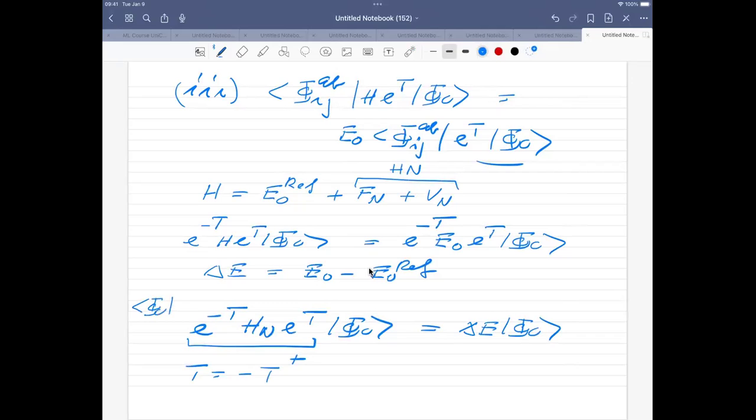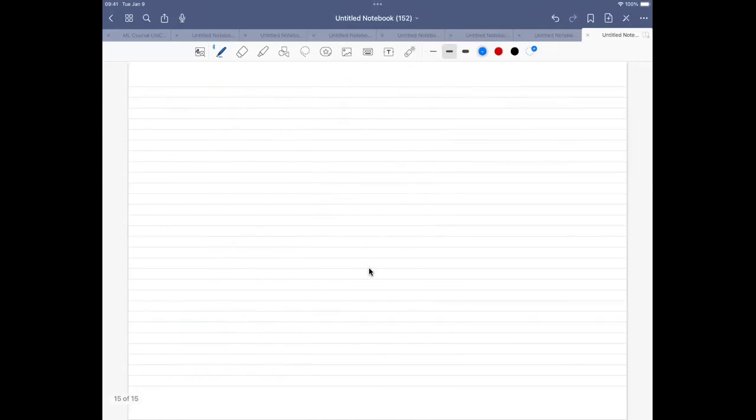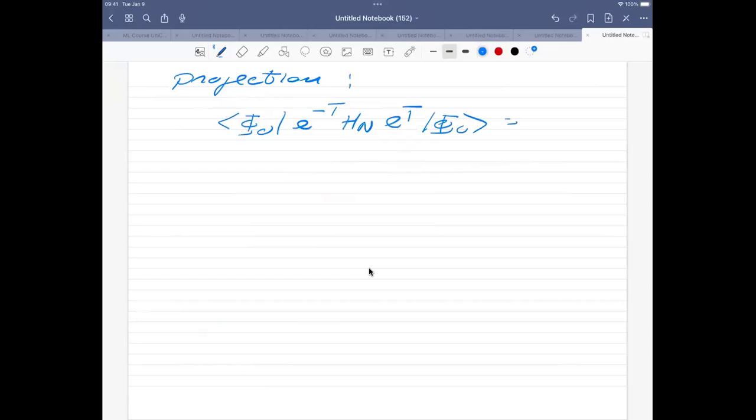And then I do the same with the one-particle, one-hole excitations and two-particle, two-hole excitations. So what we get when we do the projection trick again is an equation with a similarity transformed Hamiltonian, e^(-T) H_N e^T multiplied with phi 0, and this is equal to simply the correlation energy.